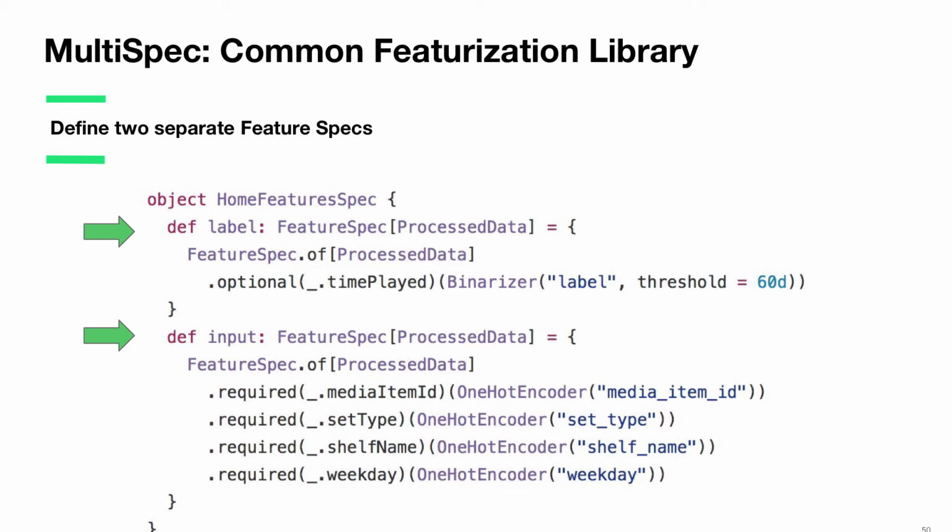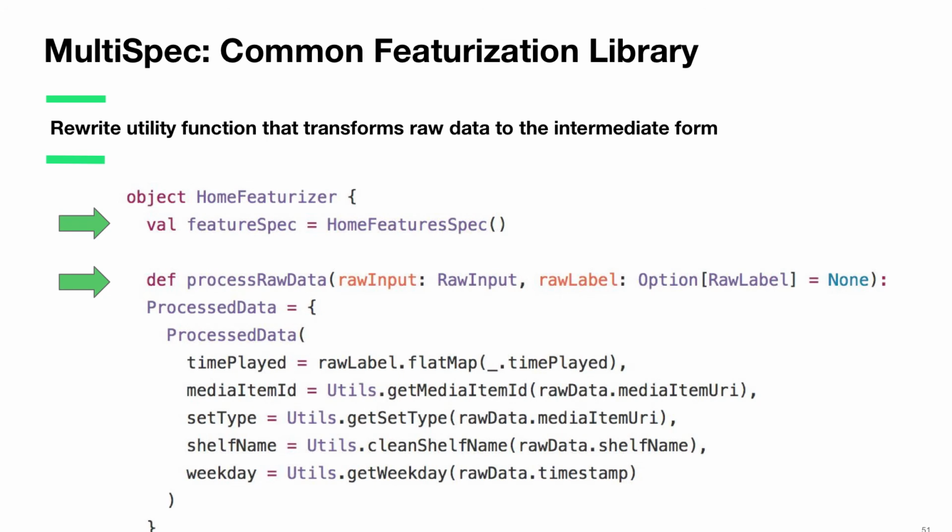So in our label, we're going to request an optional of time played, again using our binarizer transformer, and saying the label is going to be 0 if the value is less than 60 seconds and 1 otherwise. And our input feature spec is the one hot encoding of our media item ID, set type, shelf name, and weekday. So again, very simple, just break it up. All right, yeah, label, input.